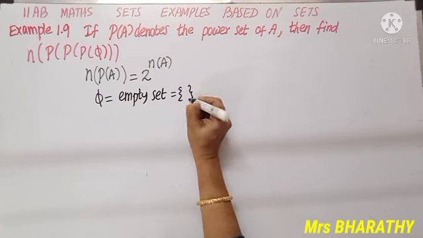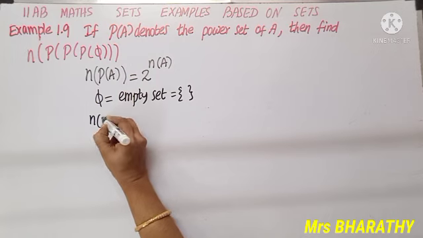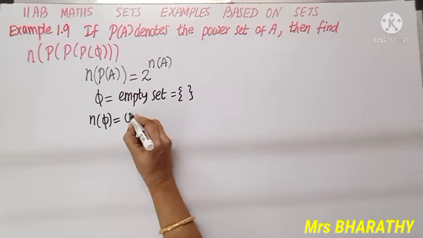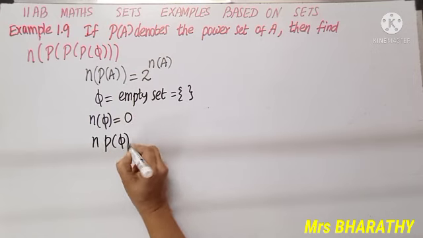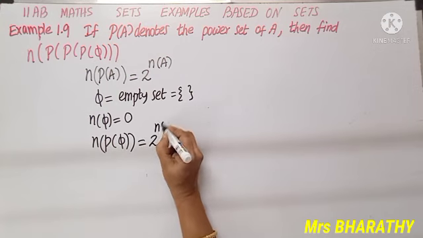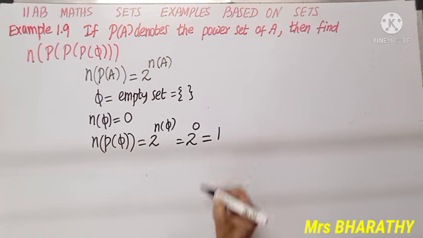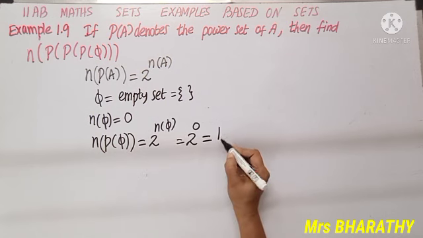So we denote it this way. What is n of phi? There is no element, so n of phi is 0. So what is n of P of phi? N of P of phi will be 2 power n of phi. That is 2 power 0, which is 1. So P of phi has one element.